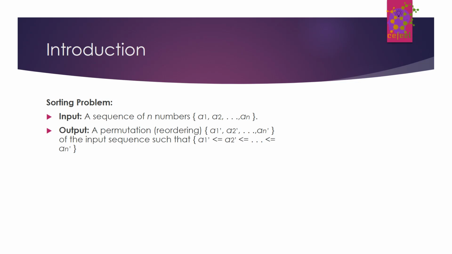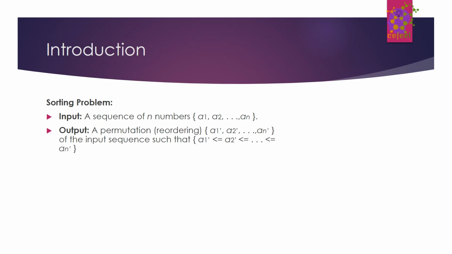In other words, the output is a permutation or reordering of these numbers, a1', a2' to an', in such a way that a1' is less than a2', a2' is less than a3', and so on till a(n-1)' is less than an'. In simple words, we have a bunch of numbers and we just need to order them in ascending order. That is the entire sorting problem.